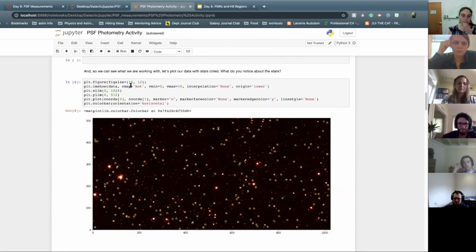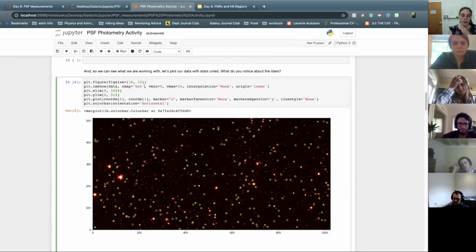And then this, again, should look semi-familiar, with just one new thing where I have plotted the image, so the star image taken with Spitzer, and I've circled all of the stars from the data file.